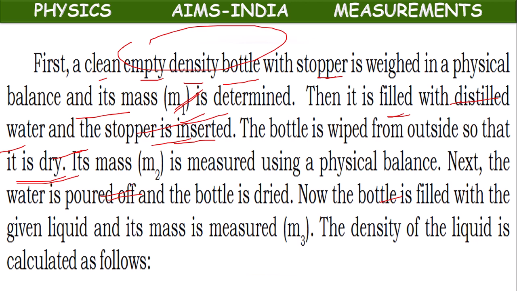Now we pour water and name its mass M2. Next, the water is poured off and the bottle is dried again. Next, the bottle is filled with the given liquid, whose mass is M3.